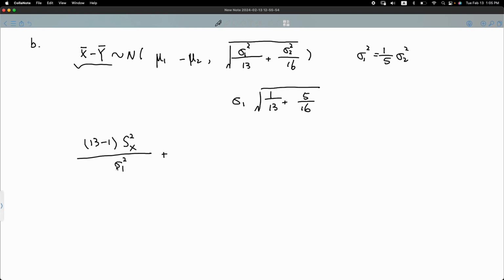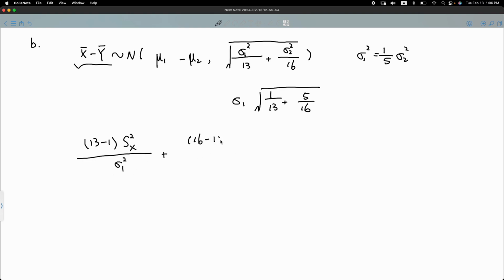I think the professor has already derived this equation. We also have another chi-square, and the sum of different chi-squares is also going to be a chi-square, but with the degrees of freedom as the sum of the degrees of freedom of the individual ones.